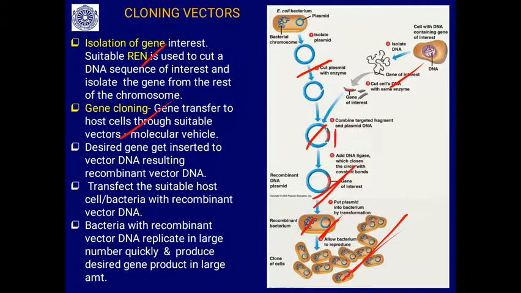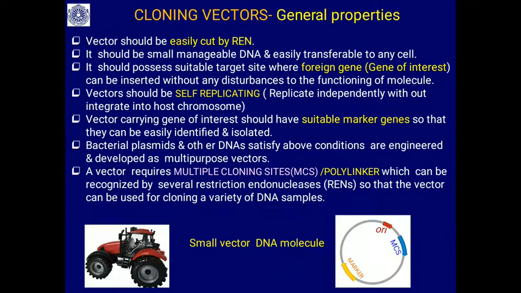So we can lyse this bacterial culture and extract the DNA that is in the plasmid, and we can also cut the plasmid and extract only our gene of interest, or else extract the product of the gene of interest. This is how the cloning vectors will be helpful.